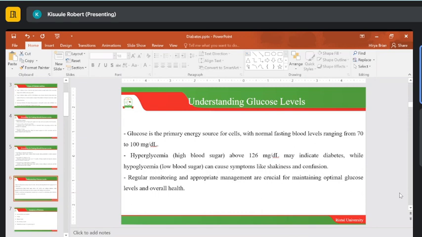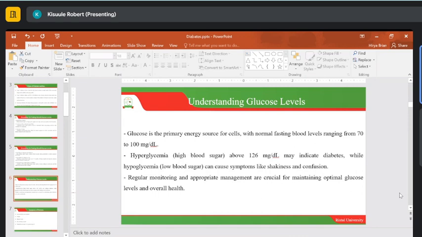While for hypoglycemia, which we also term as low blood sugar, we say this can cause symptoms like shakiness and confusion, and regular monitoring and appropriate management are crucial for maintaining optimal glucose levels for overall health. We don't want it to be very low, and we don't want it to be very high.